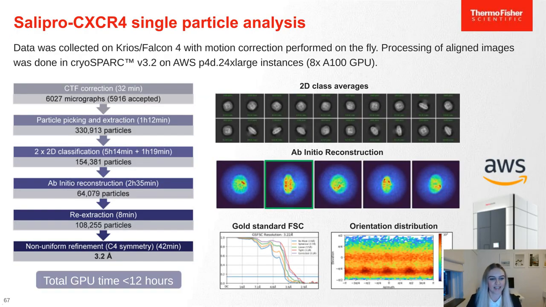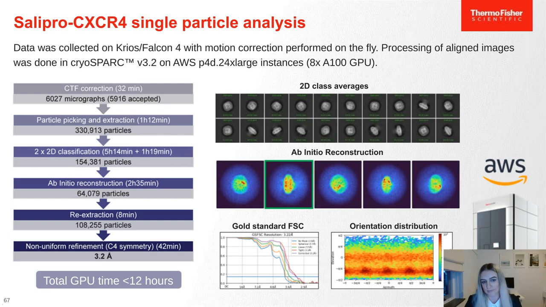Okay, and now to the final of the 3 proteins I will talk about. So the final one is the chemokine receptor, the CXCR4. For this project, I collected 6,000 micrographs, and from these micrographs, I picked 300,000 particles and performed 2 rounds of 2D classification. So on the top right, you see 2D class averages.